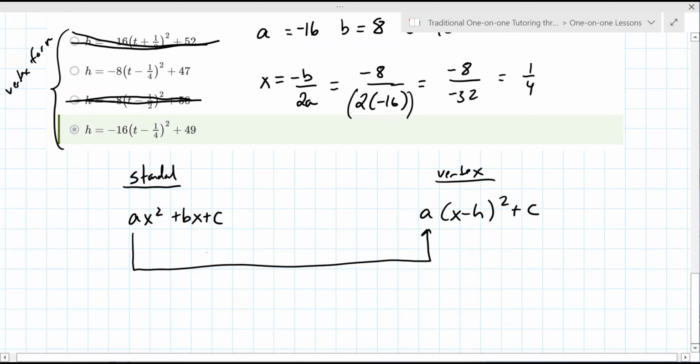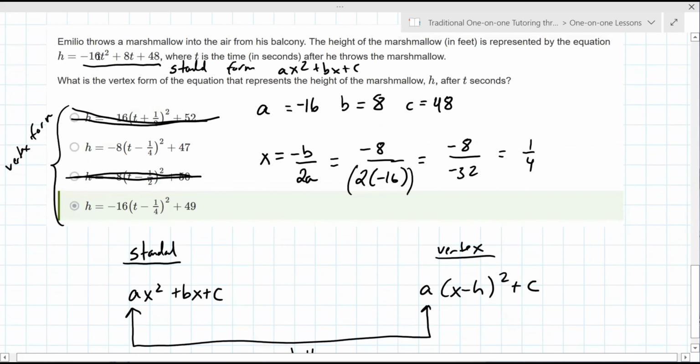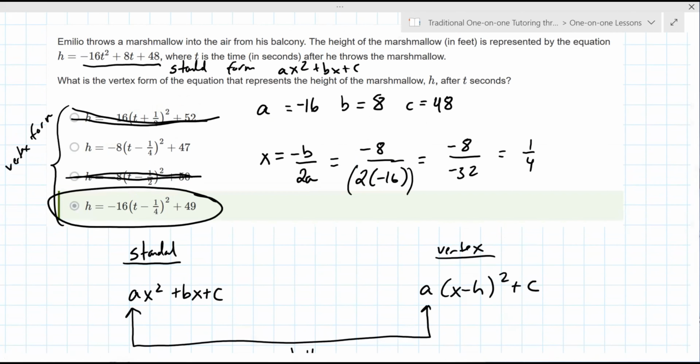This letter A right here is the same in both. Oh yeah. So like in your problem, what's the value of A? You already told me. Minus 16. So you want the equation that has minus 16. So that's another way to do it. You don't have to complete the square. You can, it's just usually not the best approach here.